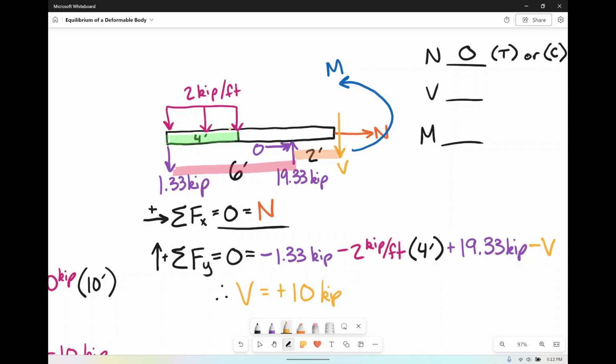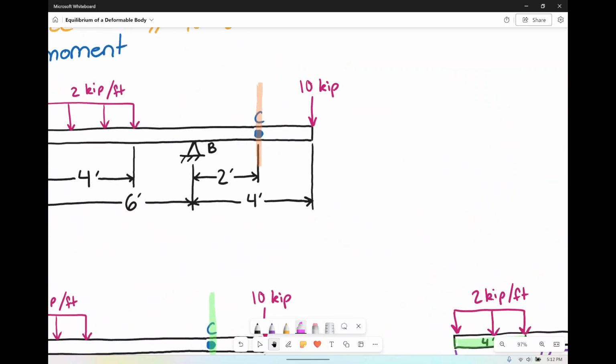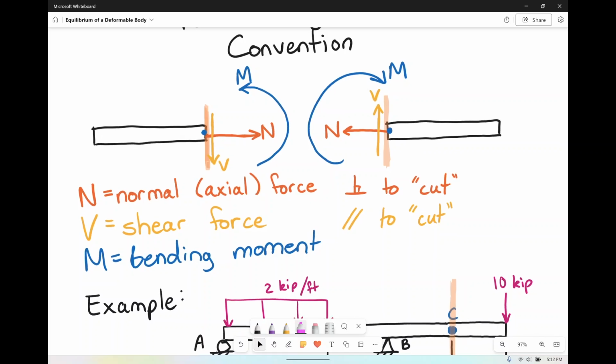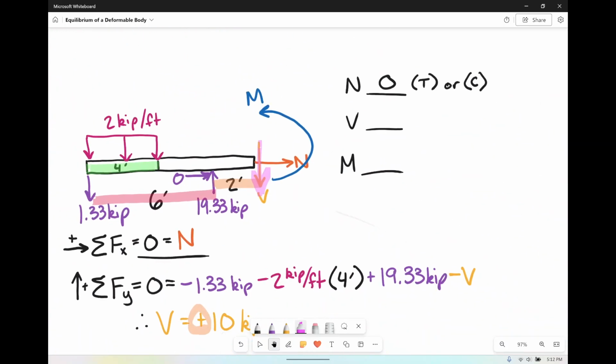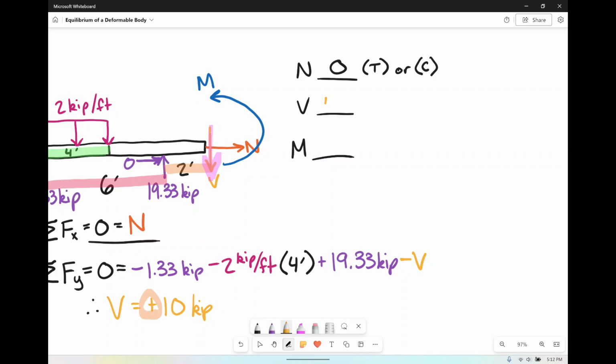So positive that you're seeing here just means that yes, in fact, the direction that you drew it, which was down, was the correct direction. Knowing that, and knowing that down on the left side is in fact the positive direction, that means that our answer is actually positive 10 kips.